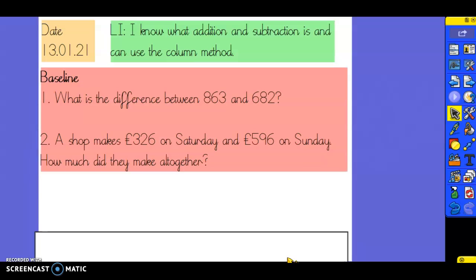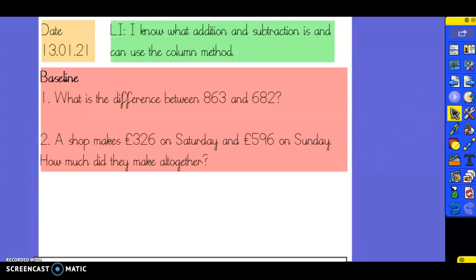Right, 2 questions. Once I've read these questions out, you can pause the video so you can work these questions out for yourself and then press play again, and you'll see what the answers are and see how well you have done. Right, so question 1, what is the difference between 863 and 682? Look at those key bits of information there.